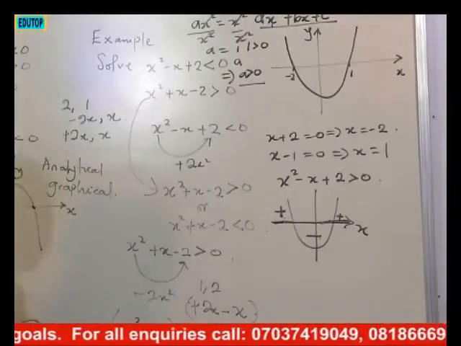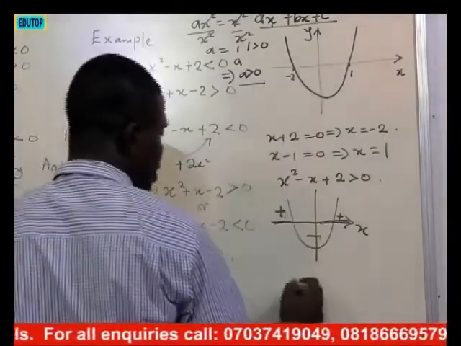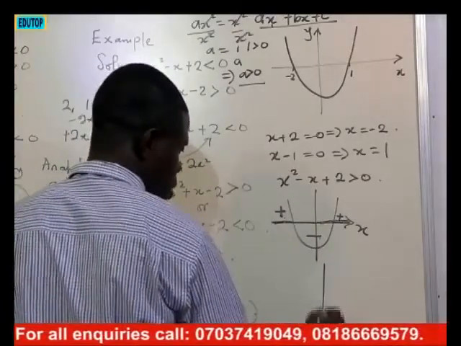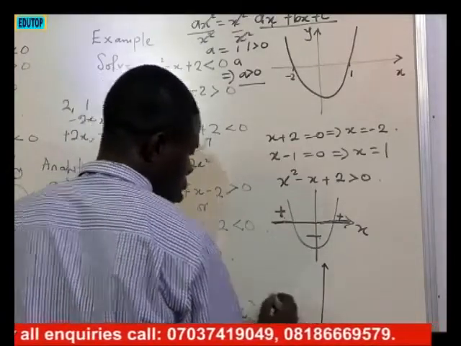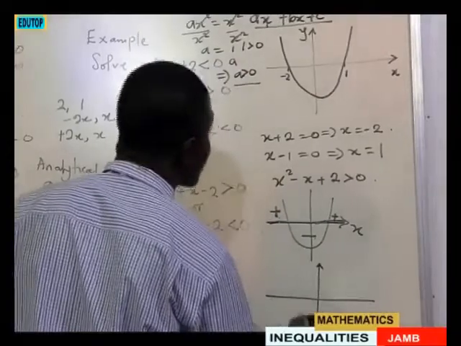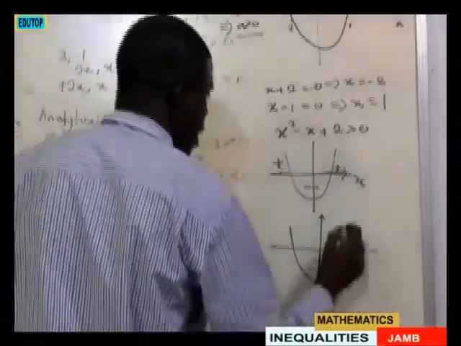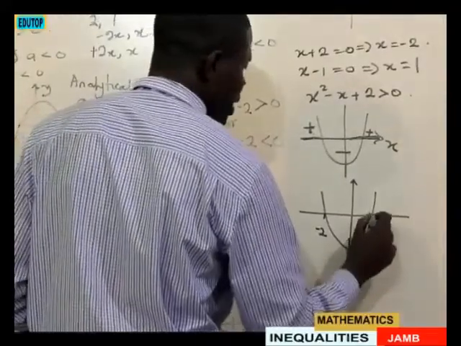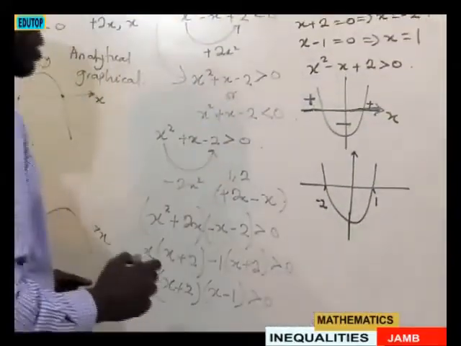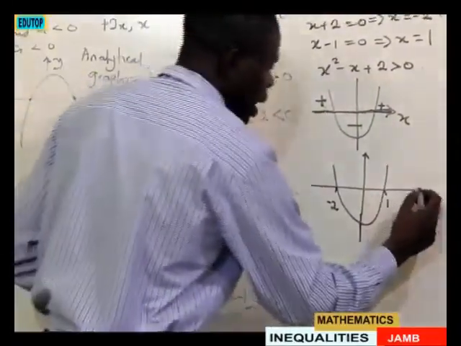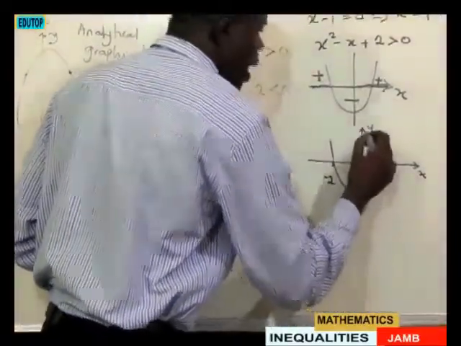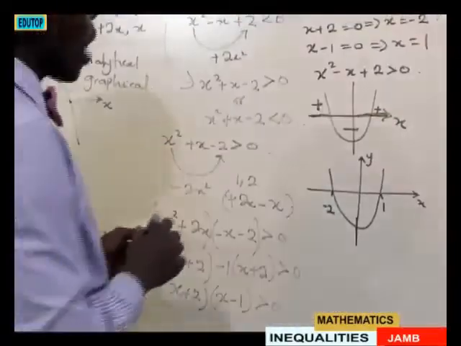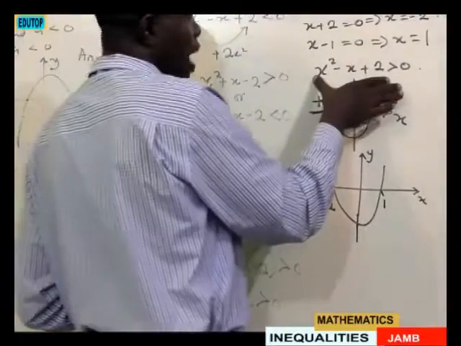So if we have to consider this, we have a scenario like this where this is minus 2 and this one is 1. Take note of that. And this is our x-axis, our y-axis. Now, we will go back to our quadratic inequality.